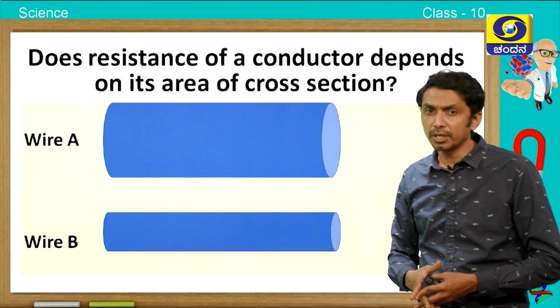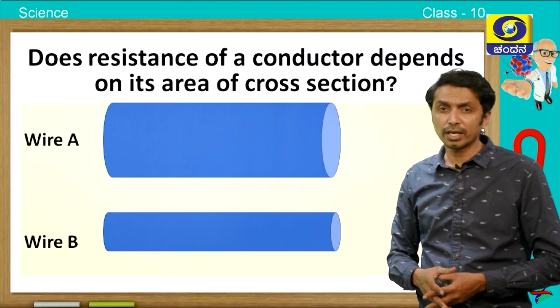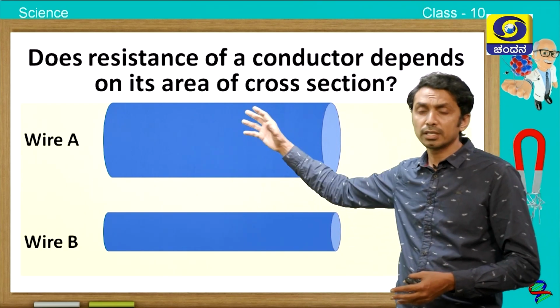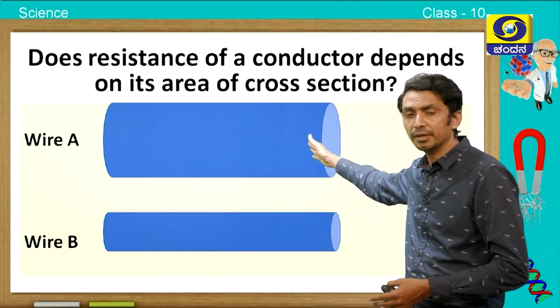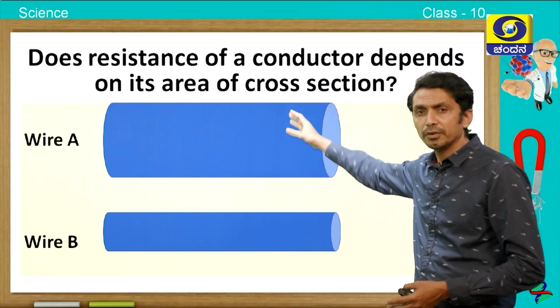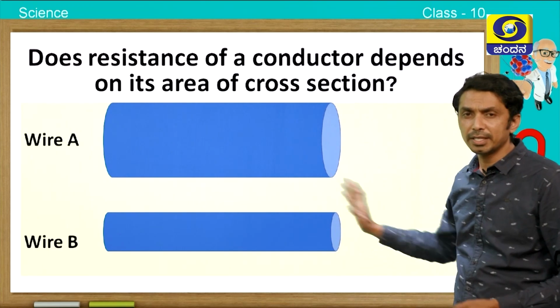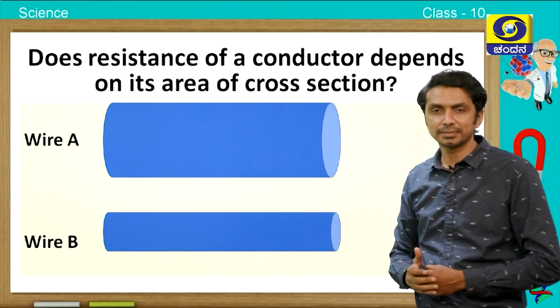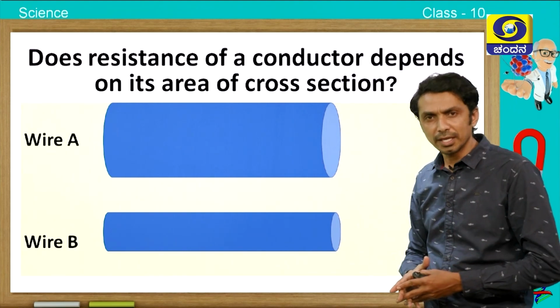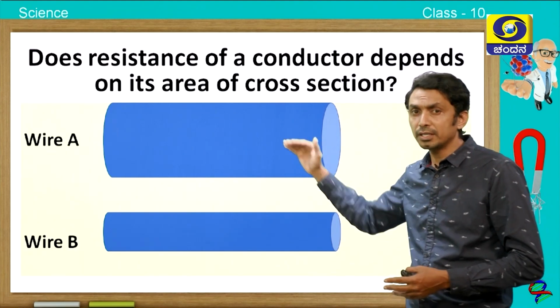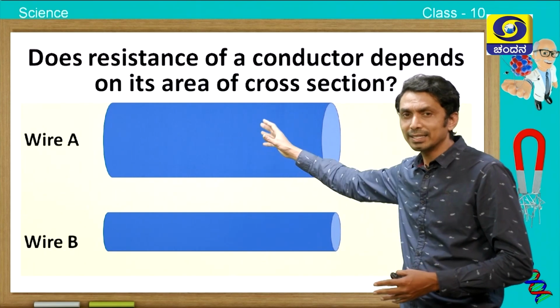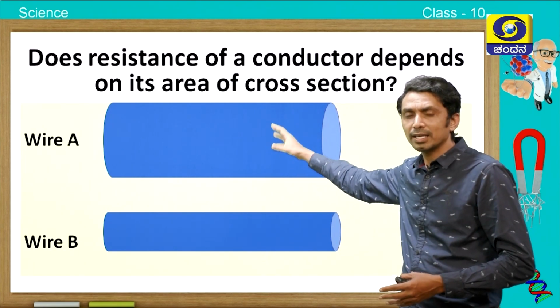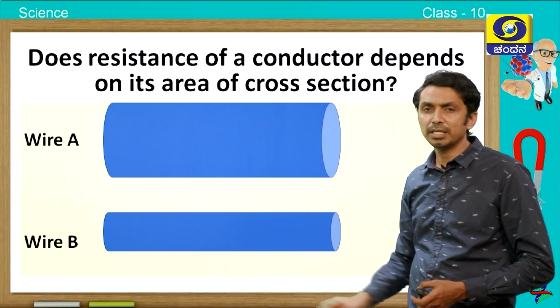Children, here is a question. Does the resistance of a conductor depend on its area of cross section? As you can see, these two wires are made of the same material, and what about length? Are they the same? Yes, the length is also the same. What is different in these two wires? Yes, wire A is thick, whereas wire B is thin.